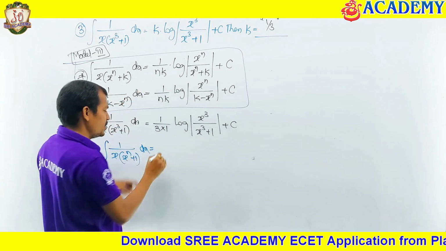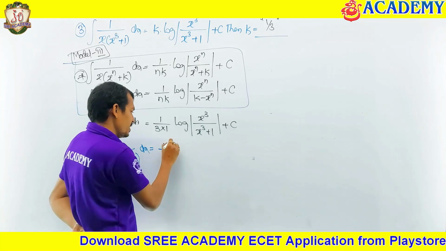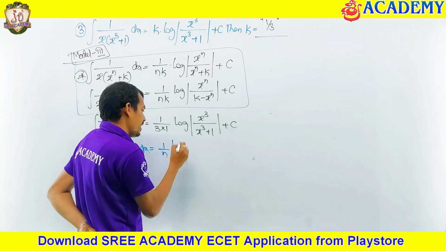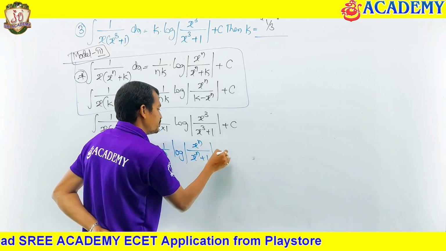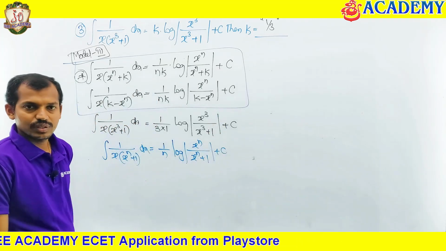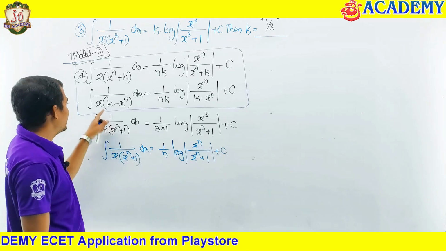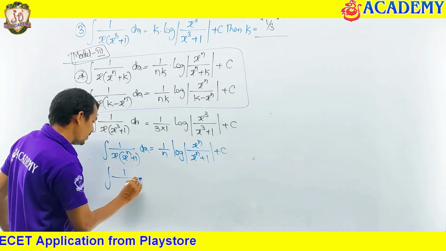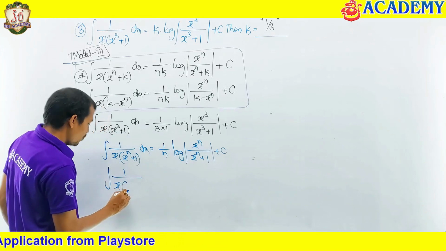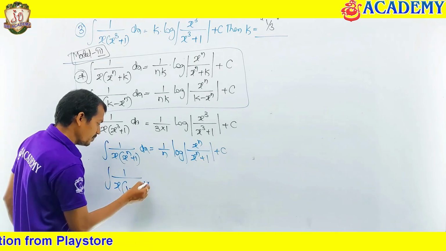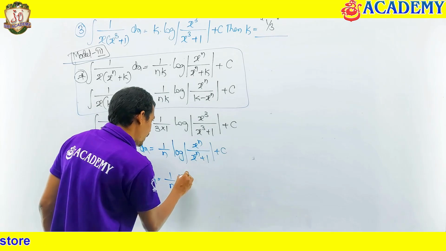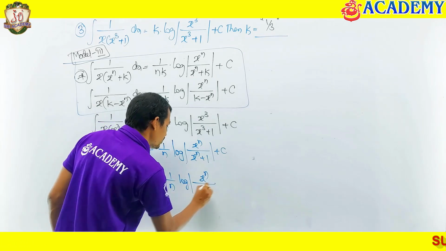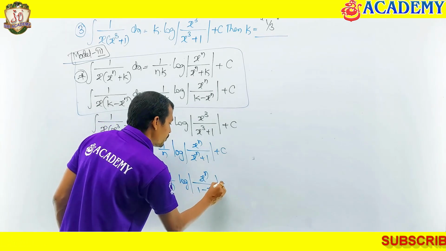Same formula, k value 1: 1 by n log of x power n divided by x power n plus 1. Same, one more: integral 1 divided by x into 1 minus x power n is 1 by n log of x power n divided by 1 minus x power n.